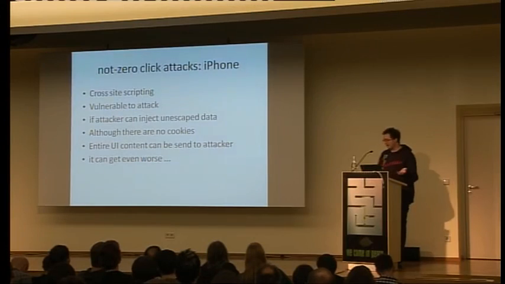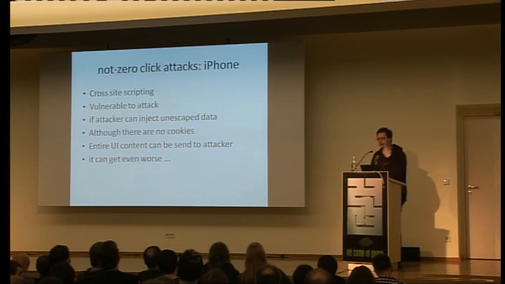Now that's interesting because what a UIWebView really does is you build up a bunch of raw HTML, you hand it off to the UIWebView class and say, render this stuff. It's kind of like a browser. Obviously vulnerable to cross-site scripting. If no sanitation is done or there's not sufficient escaping of data, it can be vulnerable to cross-site scripting.